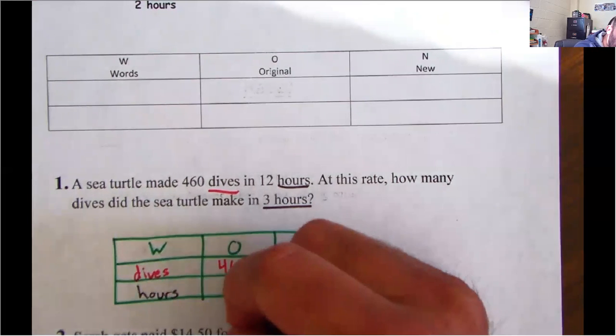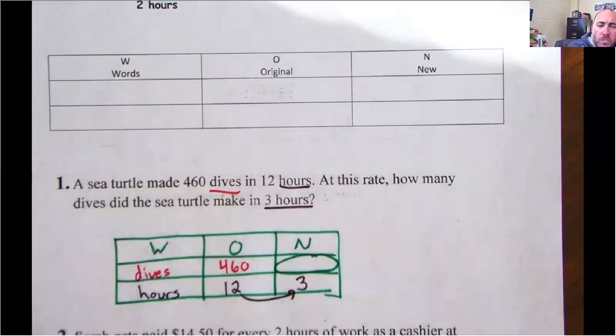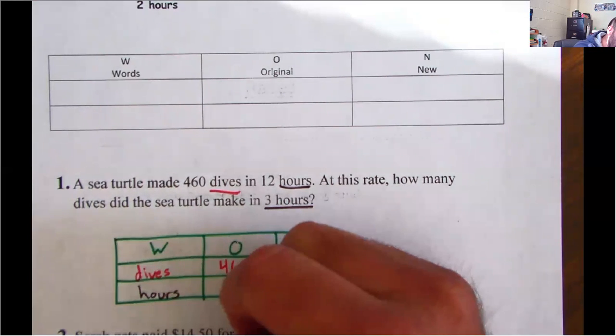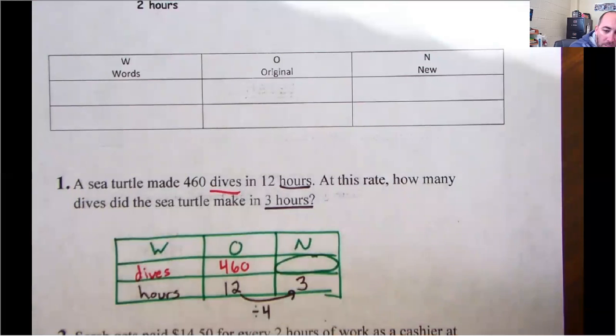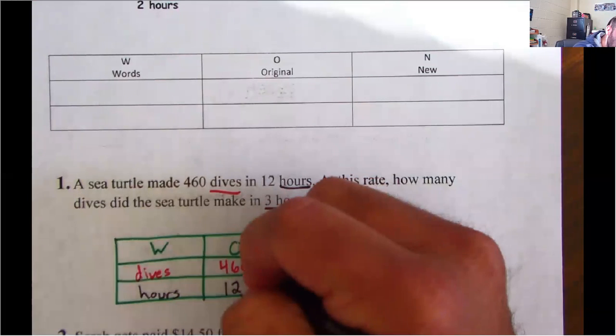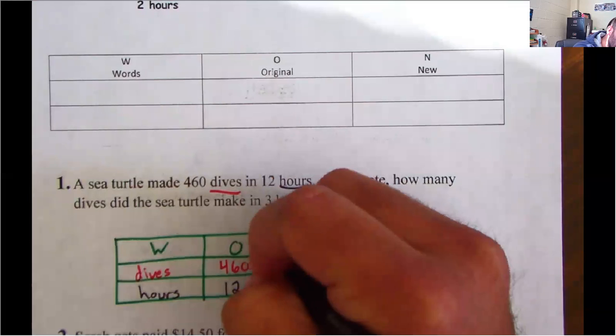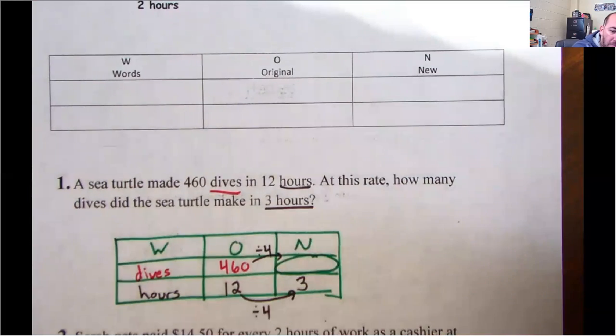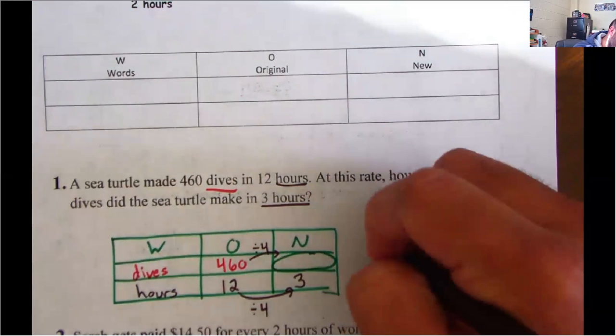All right, guys, how would you go from 12 to 3 using your multiplicative comparison? Well, to get from 12 to 3, can't you divide by 4? Well, yes, you can. So what is 460 divided by 4?